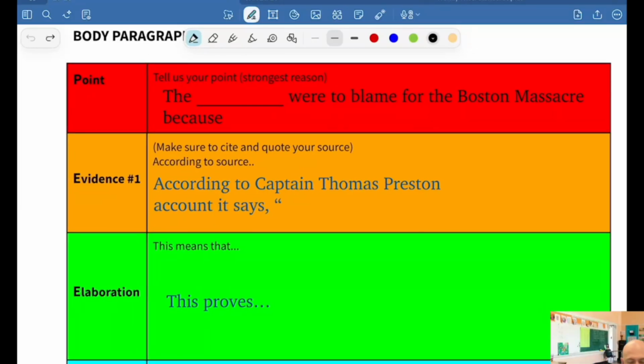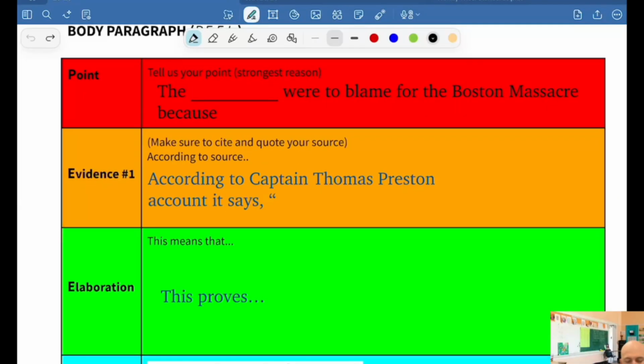So I gave you some sentence starters just to kind of help you out. I reminded you that for your point sentence, you needed to have your side of the argument plus a because in there, and then you had to give a reason why your side of the argument is correct. We talked about how we say according to, and then we give the title of our source. We're not just saying according to source 1 or source 2 anymore.